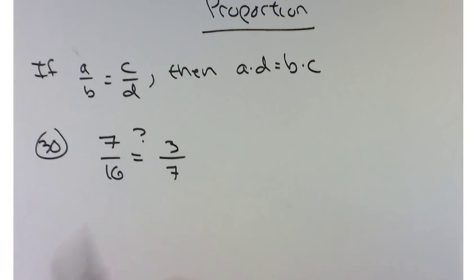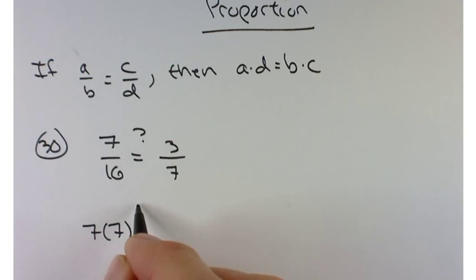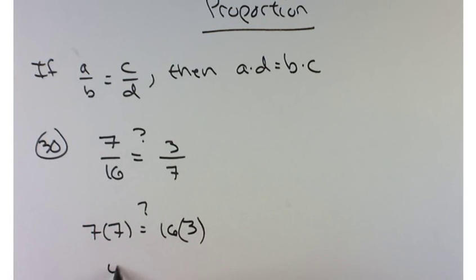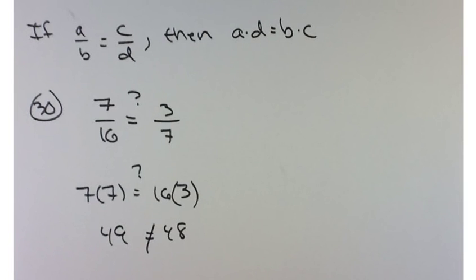Well, if this was in proportion, then we can cross multiply 7 times 7 and get the same thing we do when we do 16 times 3. Since 49 doesn't equal 48, this is not a proportion.